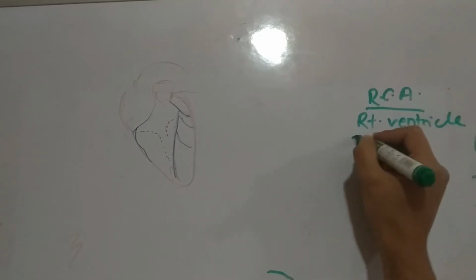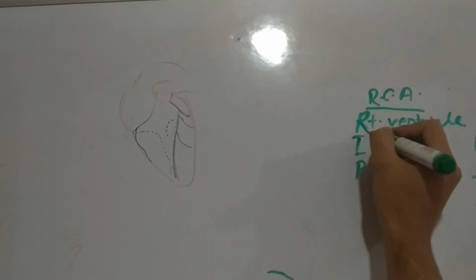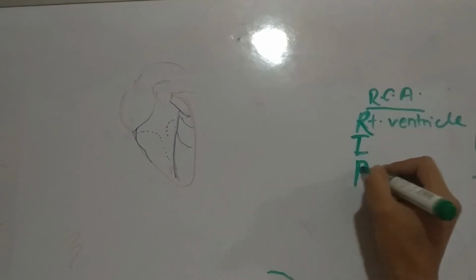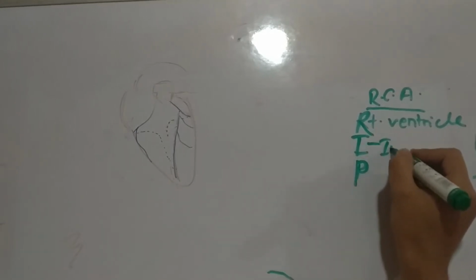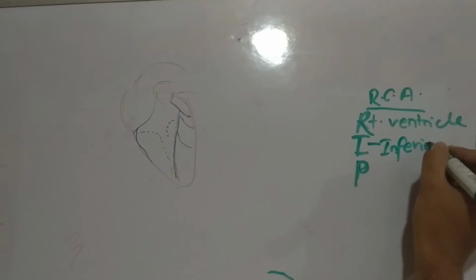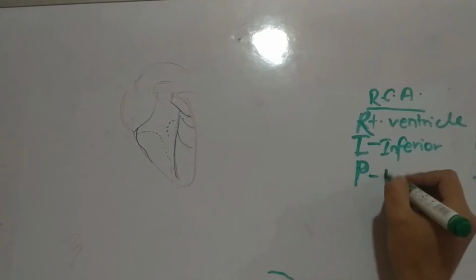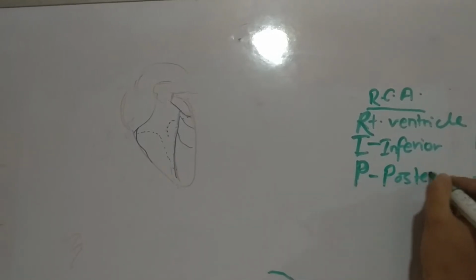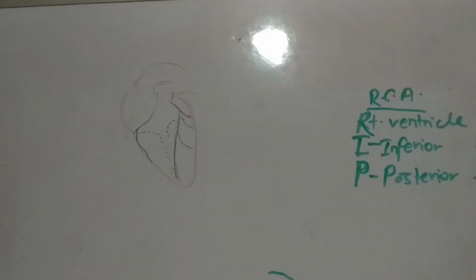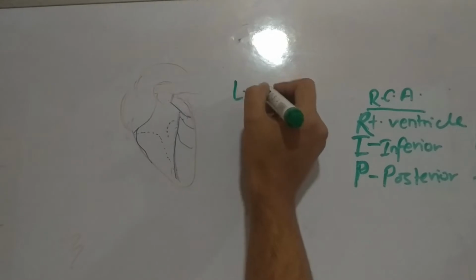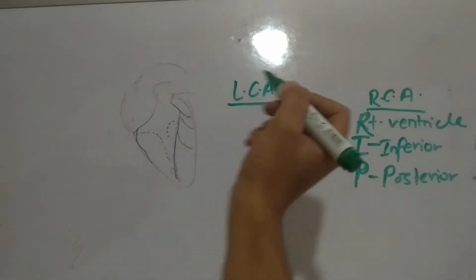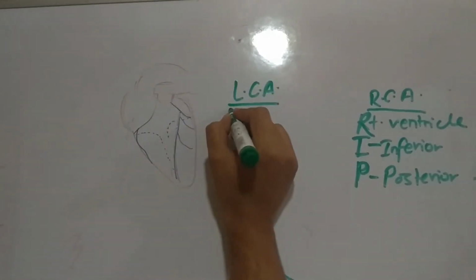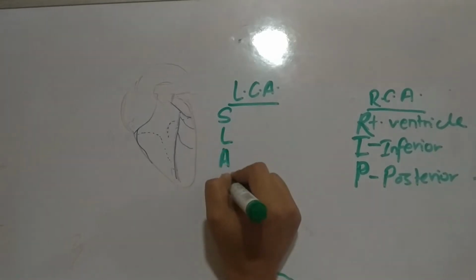So RIP: R for right ventricle, I for inferior wall, and P for posterior wall, for the RCA. In the case of the left coronary artery, the mnemonic is SLAP.